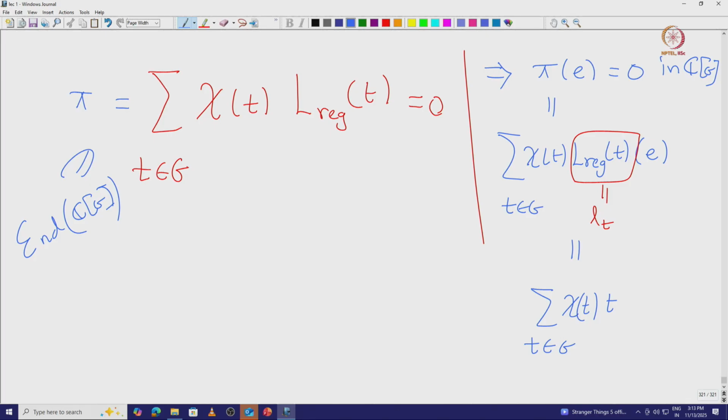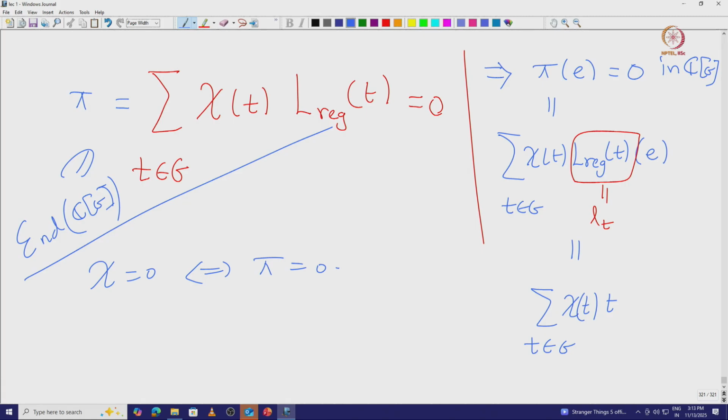So, in order to prove that chi of t is 0 for all t, it is enough to prove that this pi is 0. So, chi is 0 if and only if pi is 0. Why are we doing all these translations?